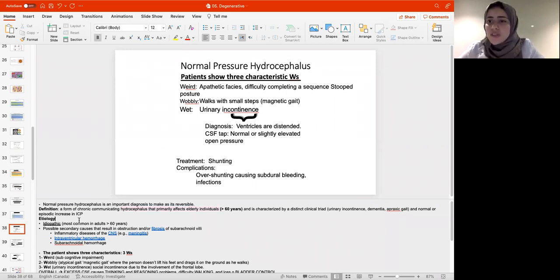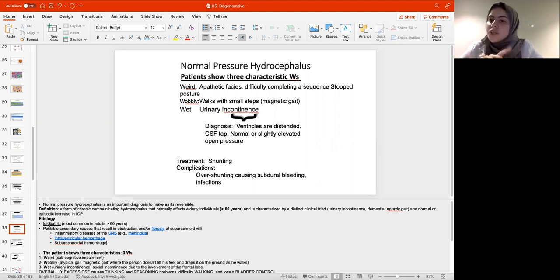And the cause is usually idiopathic, and it can have secondary causes like fibrosis of the subarachnoid villi, okay? This can happen with inflammatory diseases like meningitis, or even hemorrhage, either intraventricular or subarachnoid, which can mess up the arachnoid villi. Or it can even be idiopathic, okay? But the idea is that you have a lot of CSF accumulating, and the ventricles dilate.